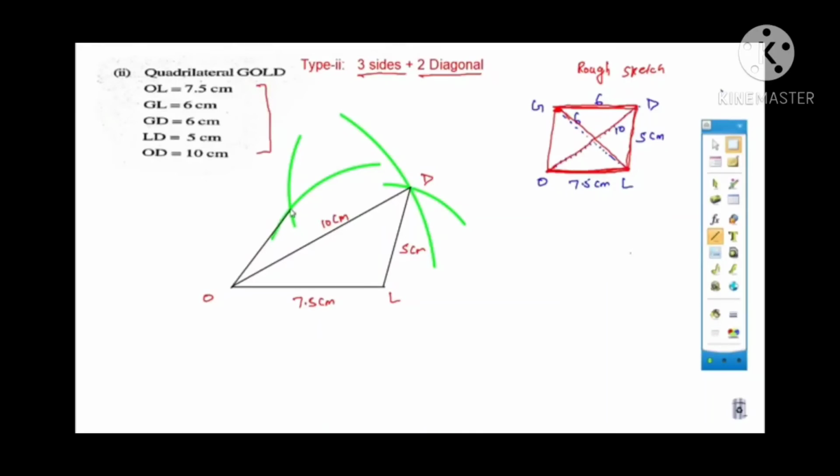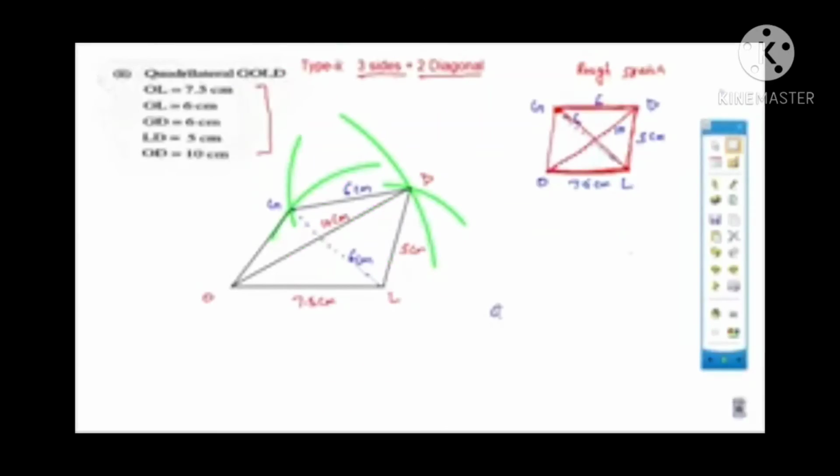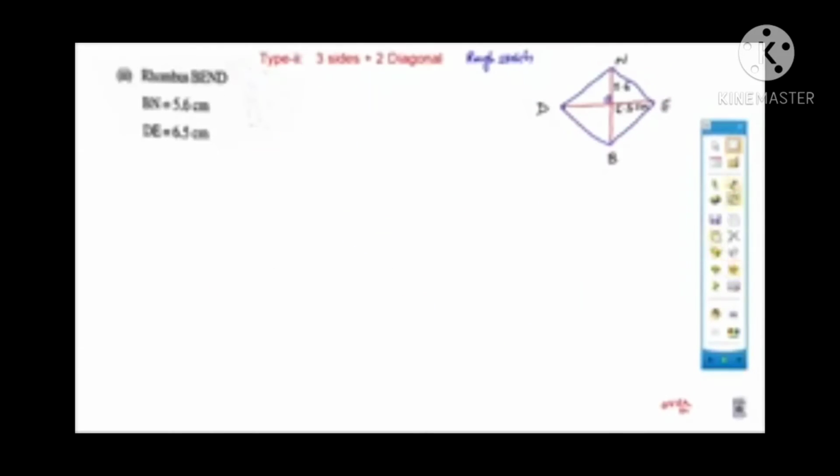Now join the lines GD and OG, and also make a point there, that is G, and write the measurements 6 centimeter. And now draw the diagonal which is equal to 6 centimeter. This is how we have to construct when 3 sides and 2 diagonals are given.